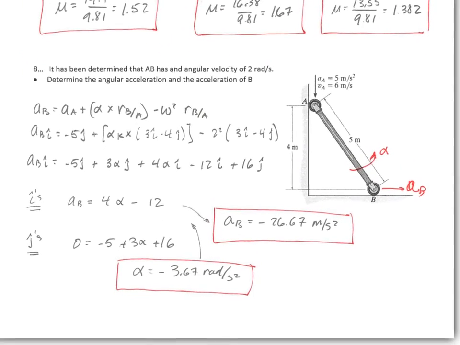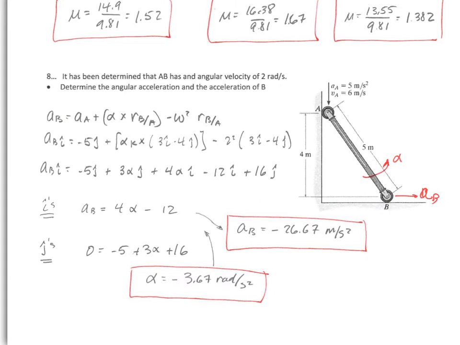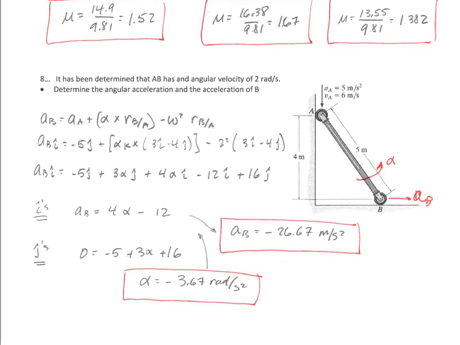Then this next one is an angular acceleration problem, and that's really the only good, easy way to do this one, using the angular acceleration vector equation: acceleration of b is equal to acceleration of a plus alpha cross r of b with respect to a minus omega squared r of b with respect to a.